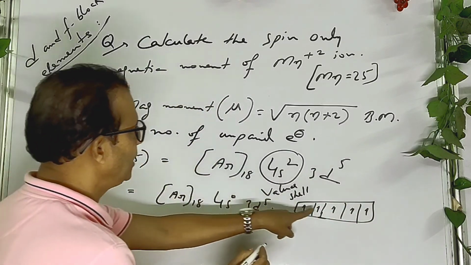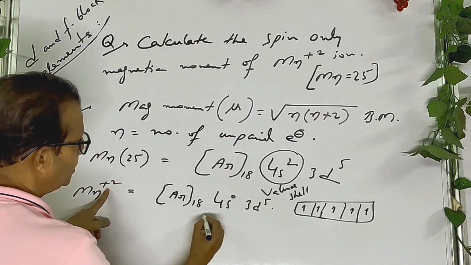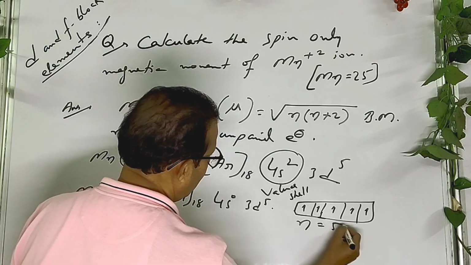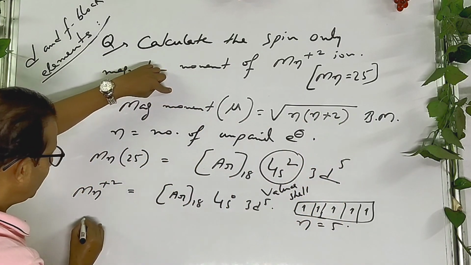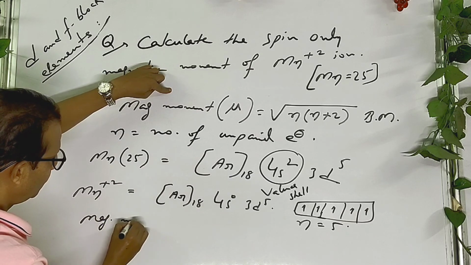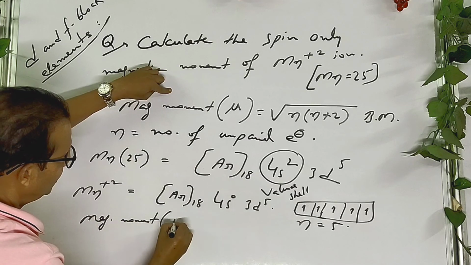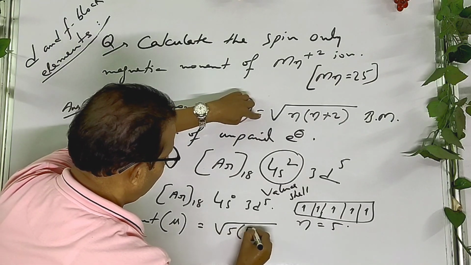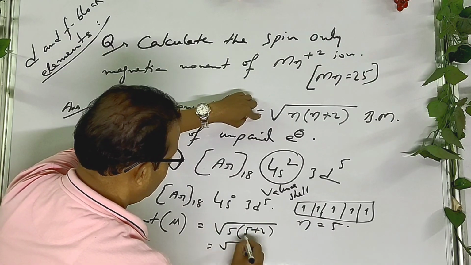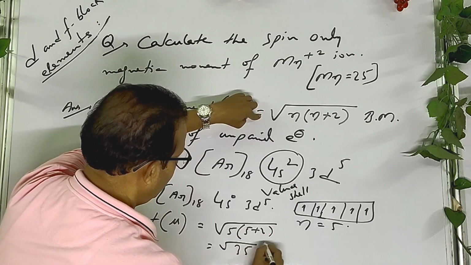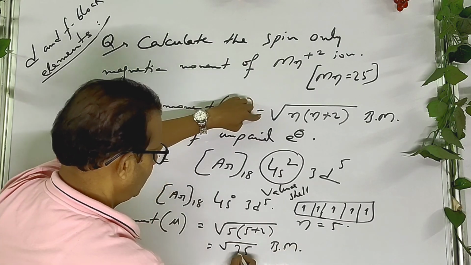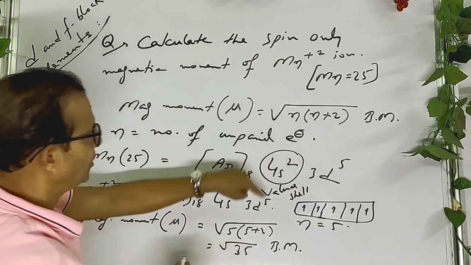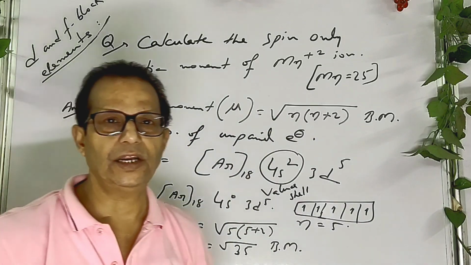So the number of unpaired electrons in divalent manganese is n equals 5. So put it in. So magnetic moment, that is mu equals root over 5 into 5 plus 2 equals root over 35 BM. That's the answer. Okay, this is another important question. So I think you understand it.